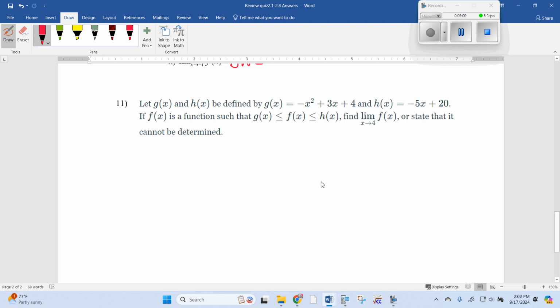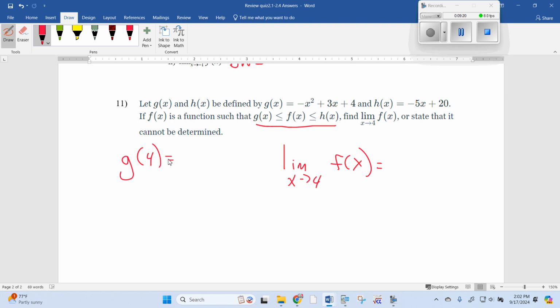And finally, using our squeeze theorem, if we have g and h, and we know f is always in the middle, what is the limit as x approaches 4 of f of x? So we want to find what is g of 4.